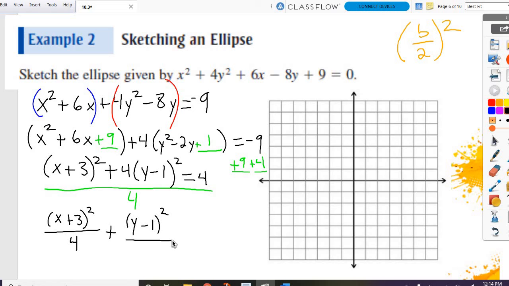And what's going to be in my denominator? 1, because my 4 divided by 4 equals 1. And then now we do indeed equal 1 like we were supposed to. Agreed? Alright. Then I want you to go ahead and graph it.